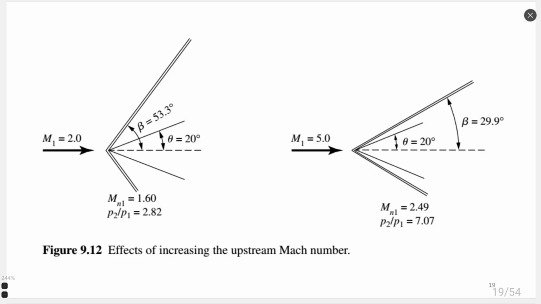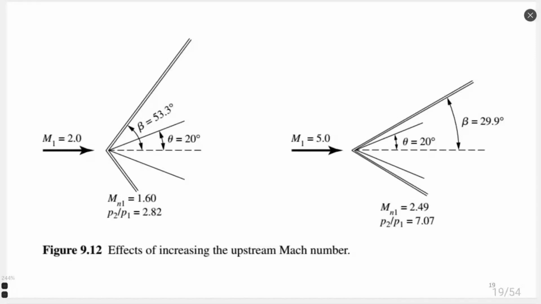On figure 9.12, Anderson shows dependence on Mach number. The theta-beta-M relation can be used for analysis of the influence of Mach number.